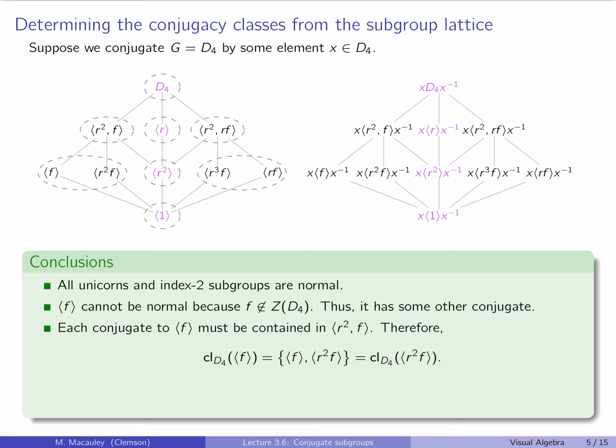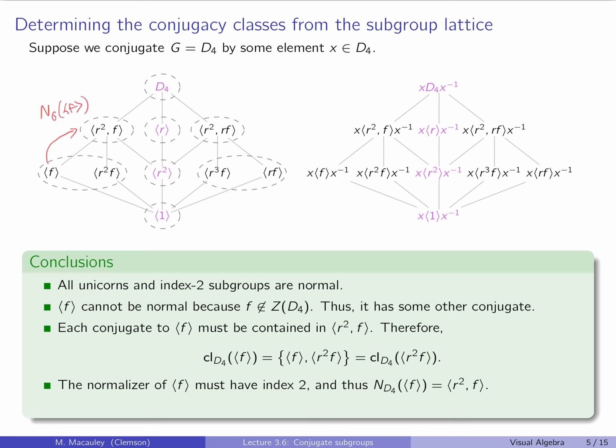It's these two subgroups. We can even, by inspection, find the normalizer of this subgroup. Remember, the index of the normalizer is equal to the size of its conjugacy class, so that must be index 2, and there's only one subgroup that contains it of index 2, so this must be the normalizer in G of the subgroup generated by F. Similarly, this is the normalizer of the subgroup generated by R squared F, and the normalizer of these two non-normal order 2 subgroups is the index 2 subgroup that contains it.